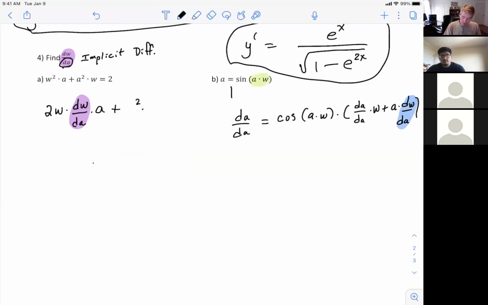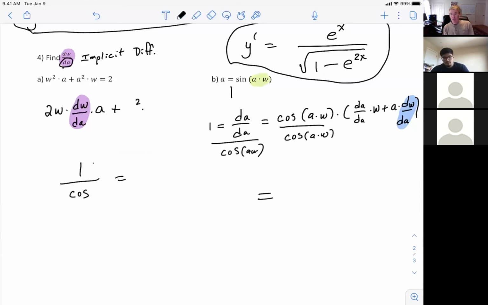Well, for one thing, I could get rid of this cosine if I divide both sides by the cosine. So on the left side, dA divided by dA is a 1. So it's basically saying 1 divided by cosine. So which trig function is 1 divided by cosine?